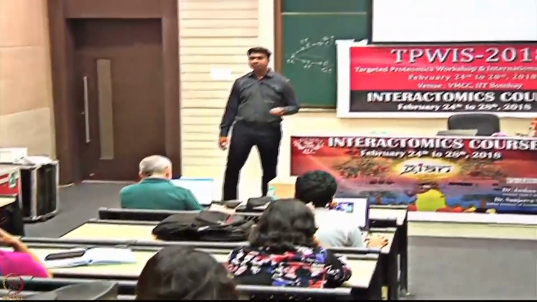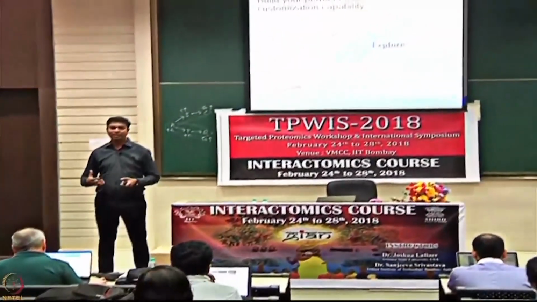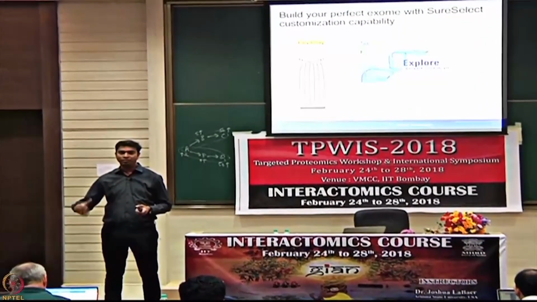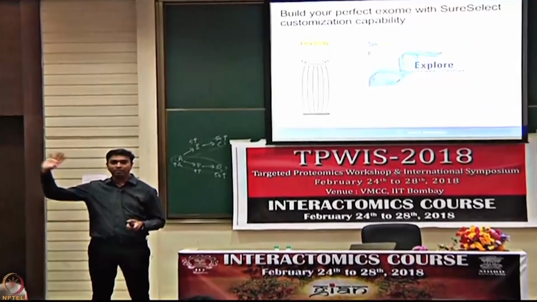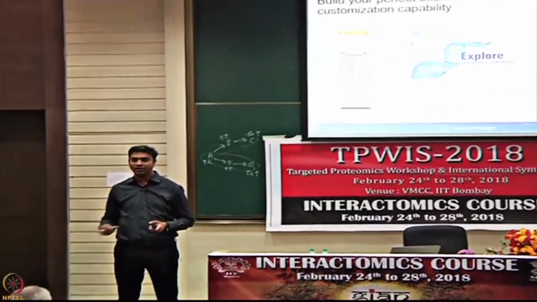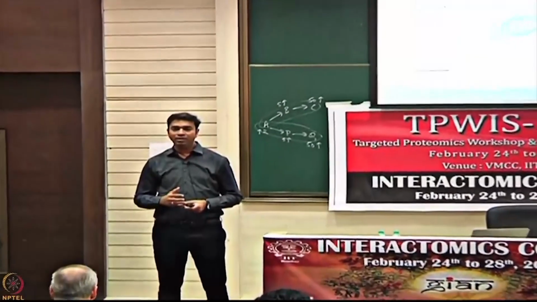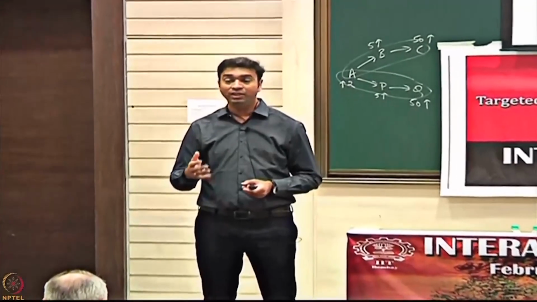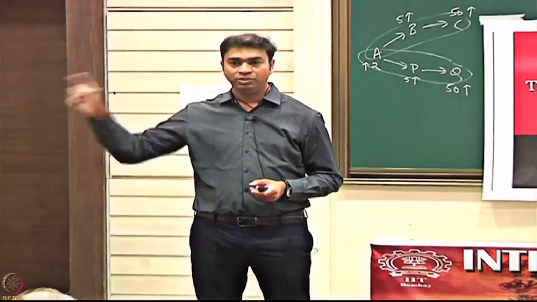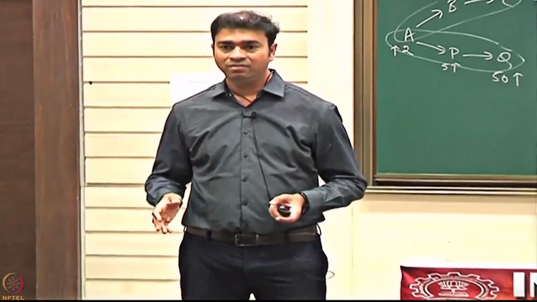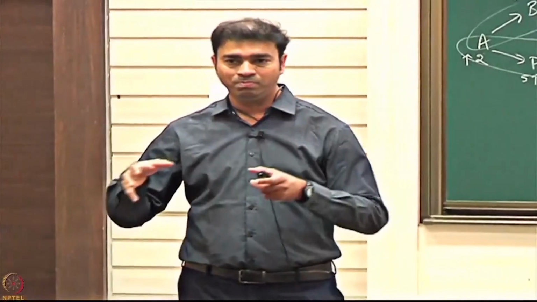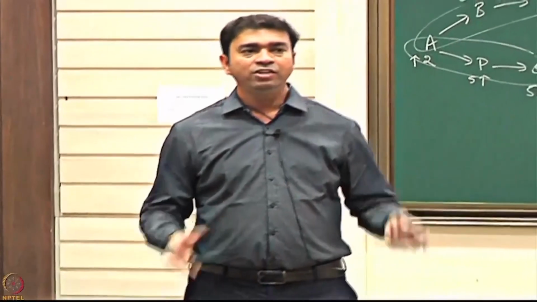Suppose this is our content, but we don't make this content in a vacuum. We do the research and we make the probes to cover all those regions, right? But sometimes when you do your experiment, you think some part may be pathogenic and it is missing, and you want to incorporate that part in your panel. It is very flexible.